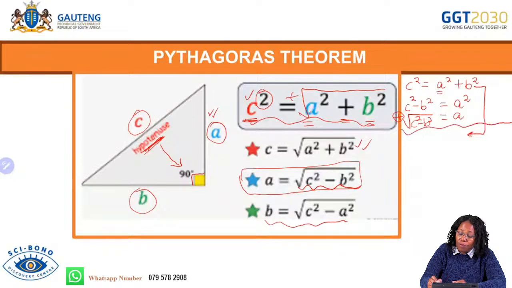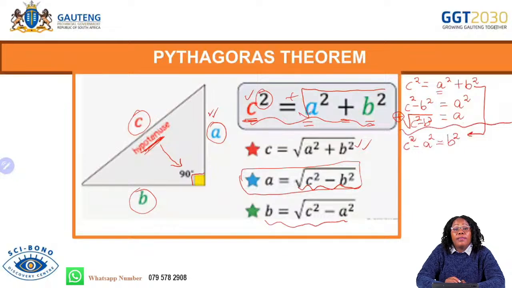And then if you want to make B the subject of the formula, you are going to transpose the A squared to the left, and then it becomes minus A squared. And then you'll be left with B squared, and B squared loses an exponent too. Then you'll be left with B because we need B, not B squared.